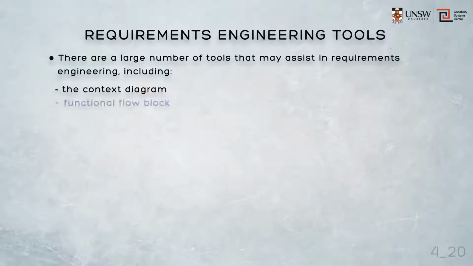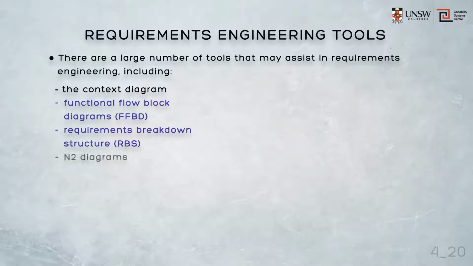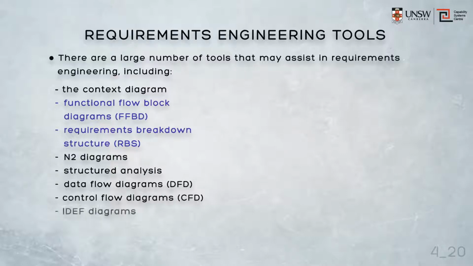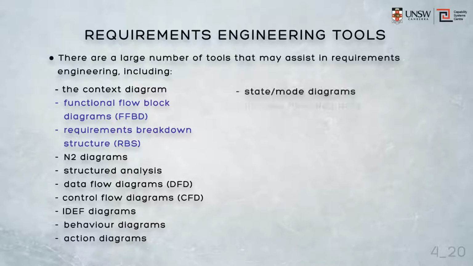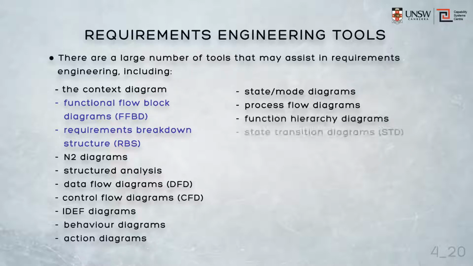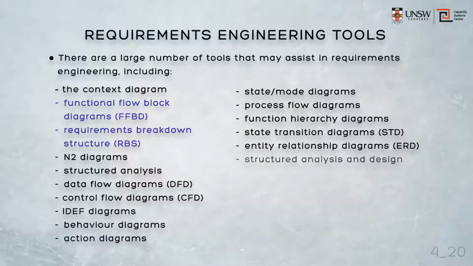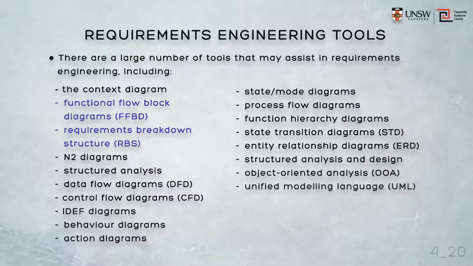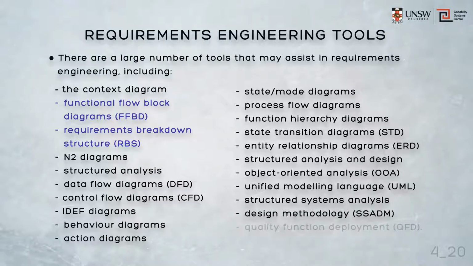There are context diagrams, functional flow block diagrams, the requirements breakdown structure, N2 diagrams, plus other tools including structured analysis, data flow diagrams, control flow diagrams, IDEF diagrams, behaviour diagrams, and many, many more such diagrams, each of which tends to be a particular tool used in a particular domain. Here we focus mostly for simplicity and for time on the two probably most important tools, the requirements breakdown structure, the RBS, and the functional flow block diagrams, the FFBDs.